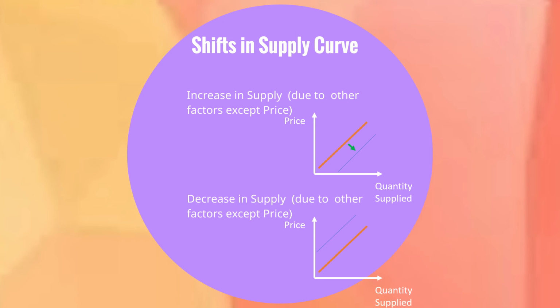So you need to keep directions in mind. Right is increase and left is decrease. But these shifts happen because of other factors and not price. So shifts are always due to other factors and movement is always due to price.